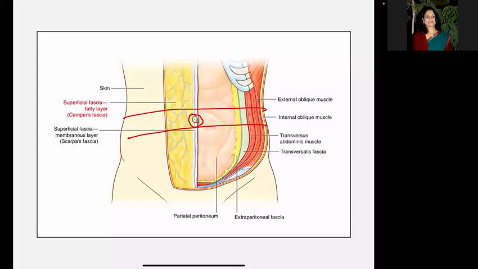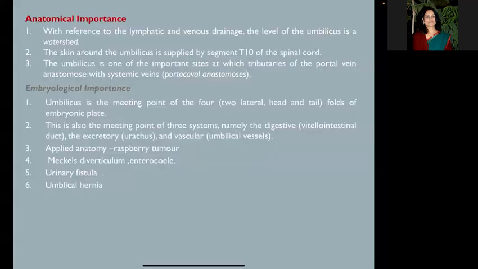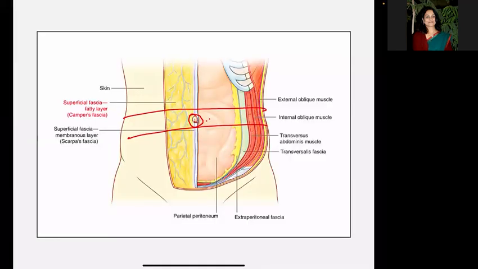So this umbilicus, which is present in the center, in the midline at the level between L3, L4 normally, has anatomical importance as it is supplied by T10 nerves and demarcates the T10 dermatome, and it has some other importance also, as this umbilicus is acting as a watershed line.